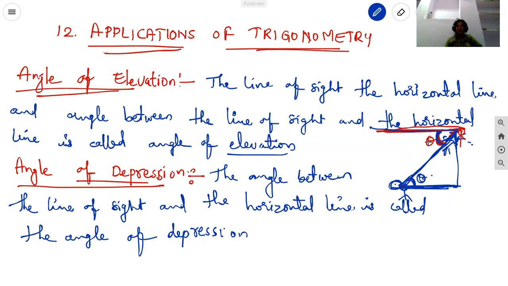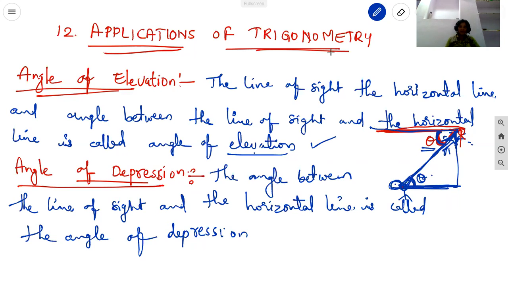From the top to the bottom is the angle of depression. From the bottom to the top is the angle of elevation. These two are very, very important. From the theory of elevation and depression only, we can get the answer, and that is related to this application of trigonometry.